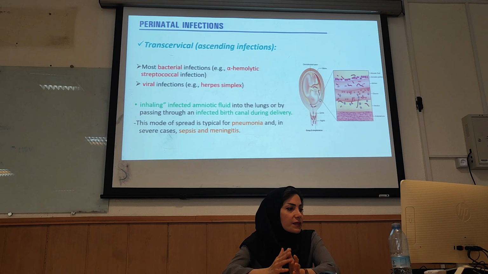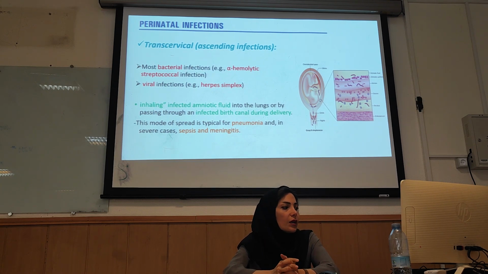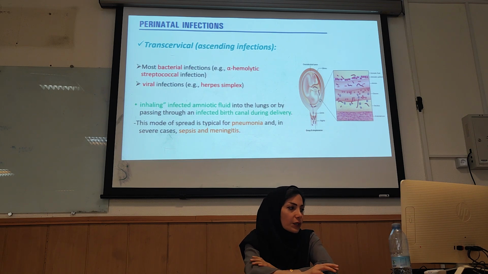When these infections pass through the birth funnel, the fetus inhales these infections that enter the amniotic fluid. These infections can infect the lungs and all organs of the fetus, so we can lead to pneumonia, sepsis, and meningitis.